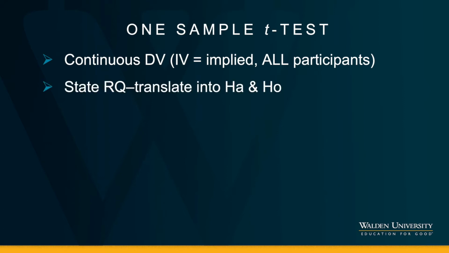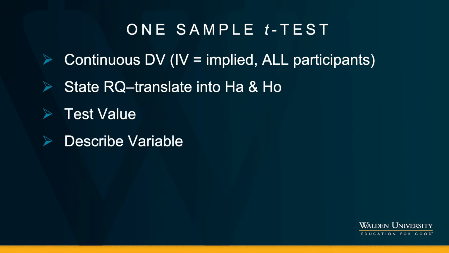We'll have to state our research question and translate that into a set of hypotheses. We need to state the value that we're testing against. And once we've generated the output in SPSS, we will describe that sample variable to see how it acts. We will then evaluate the null hypothesis and assess the significance of the t-test results.